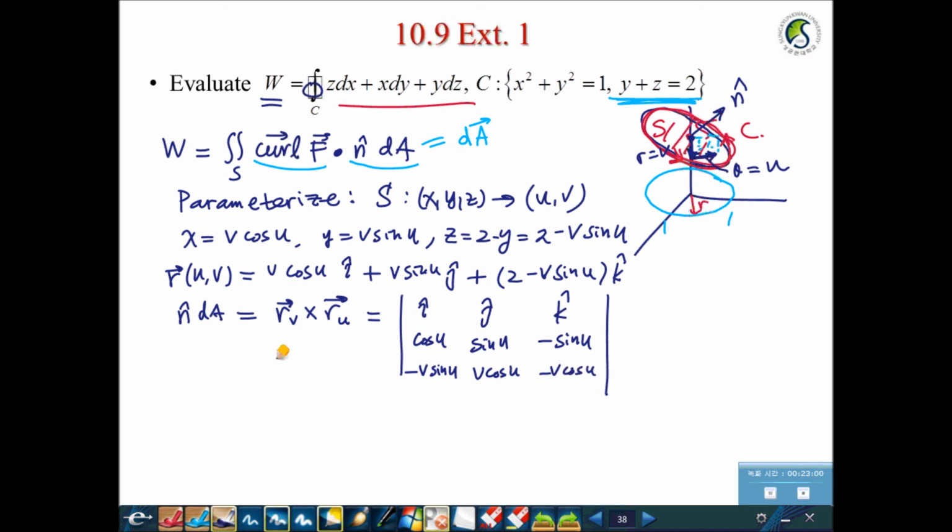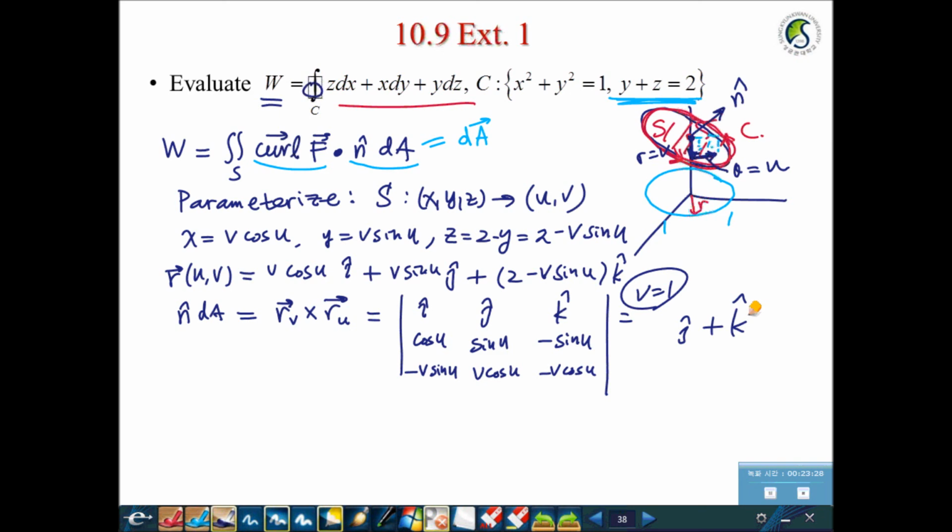You should be careful about the direction. Which one is first for the cross product? That should be meaningful for the right-hand rule and the physical meaning. If you calculate it, v is 1 in this case, so it's j plus k. So 1, 1.